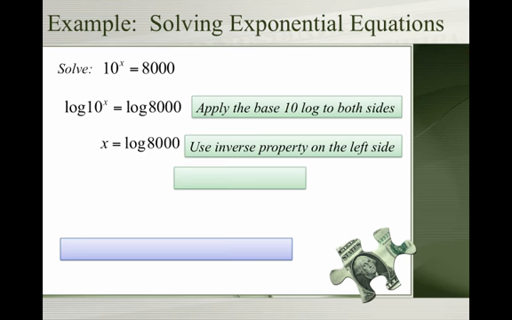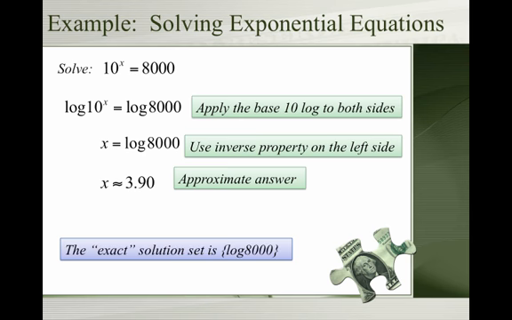And so we have x equals log of 8,000. Log of 8,000 is our exact answer. If we type it in our calculator, we're going to get approximately 3.90, which is considered the approximate solution. So the exact solution set is log of 8,000.